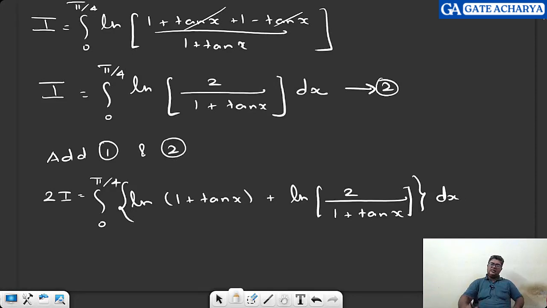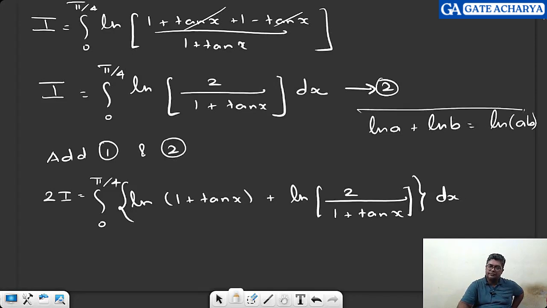Now guys, do you remember this property? Log a plus log b is what? Log of ab. So here also the same thing is happening. Log of 1 plus tan x plus log of 2 divided by 1 plus tan x. So this is addition, so I can simply multiply it.